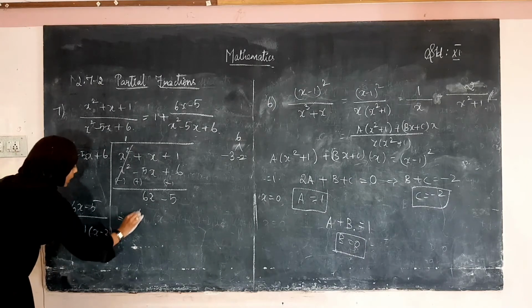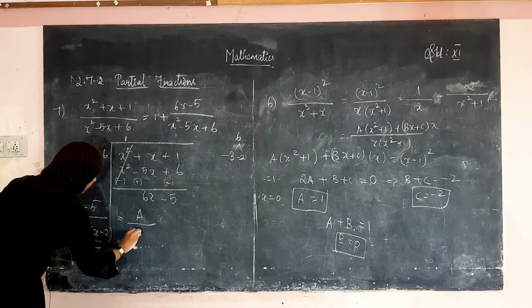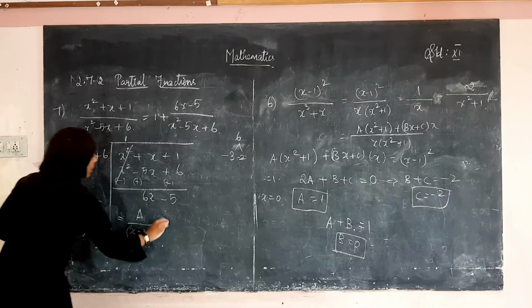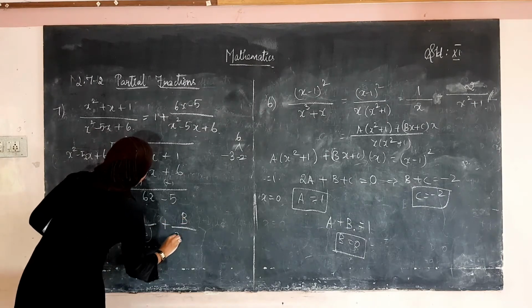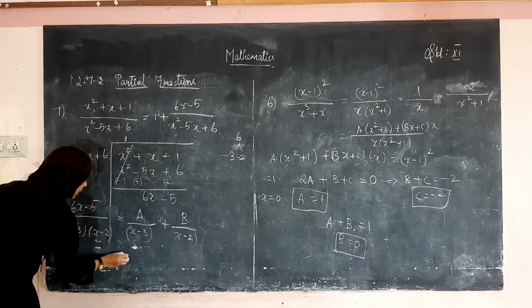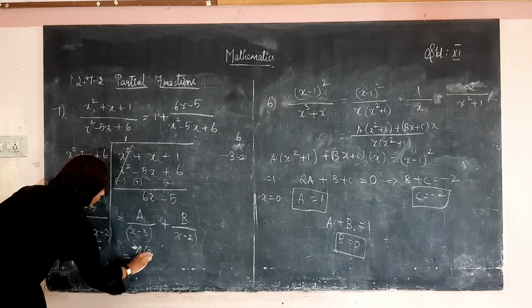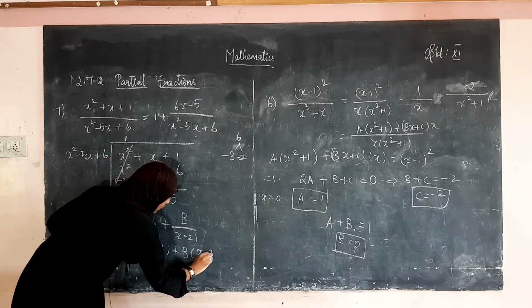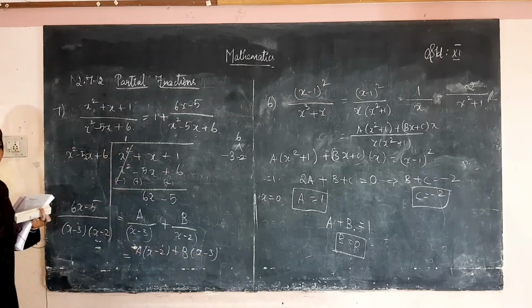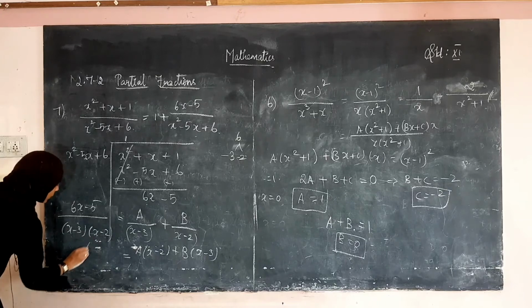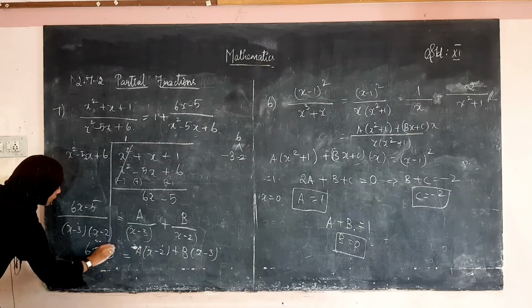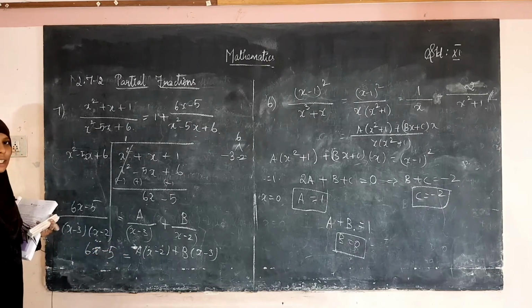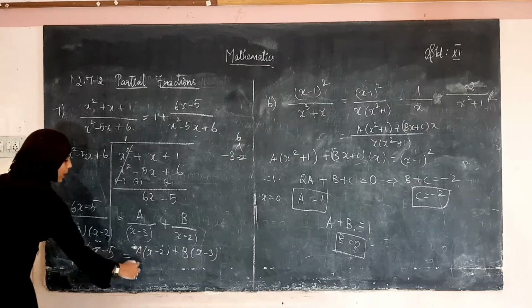Now start resolving. A divided by x minus 3 plus b divided by x minus 2. Now taking LCM, we get a into x minus 2 plus b into x minus 3. In the denominator we have x minus 2 into x minus 3. Now equating the numerator alone, 6x minus 5. First substitute the value x is equal to 2. This term becomes 0.